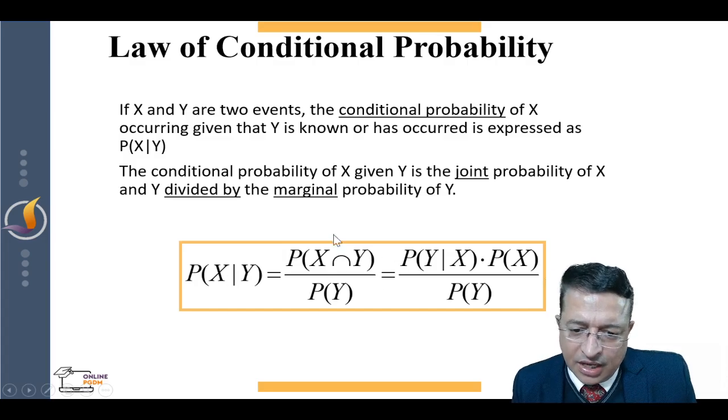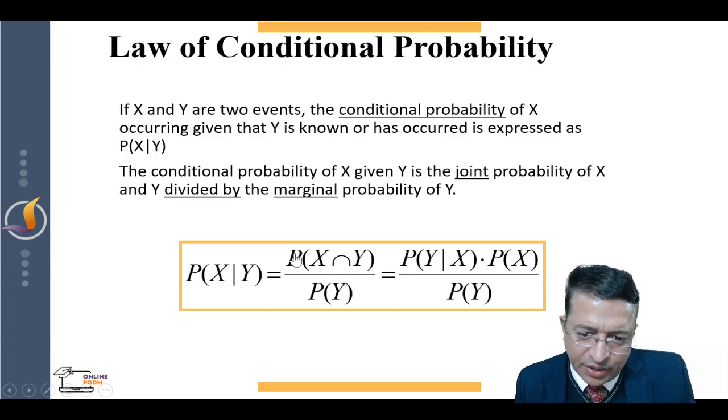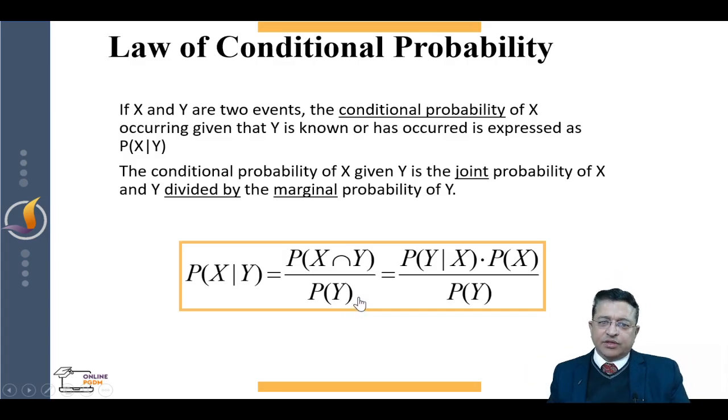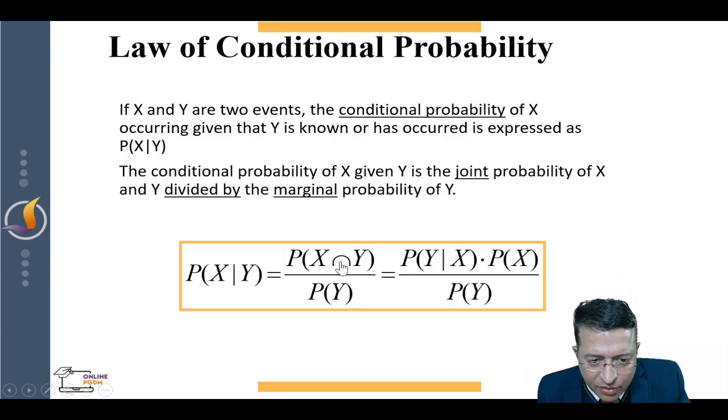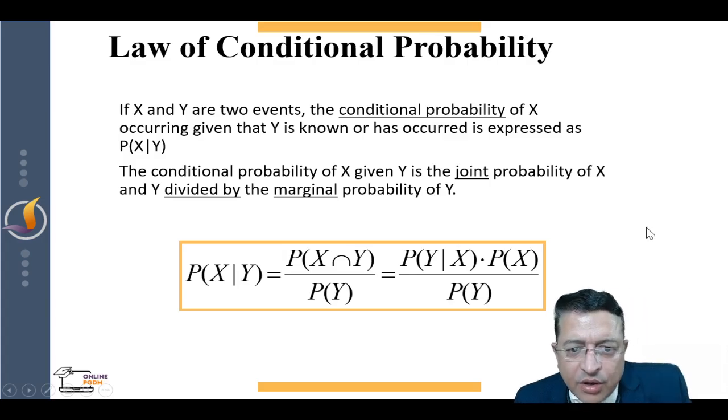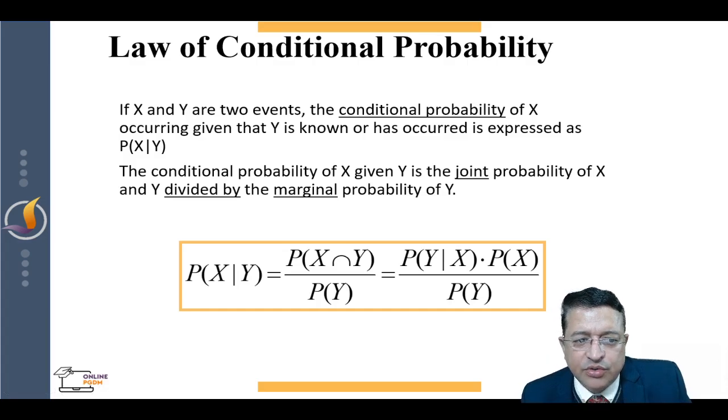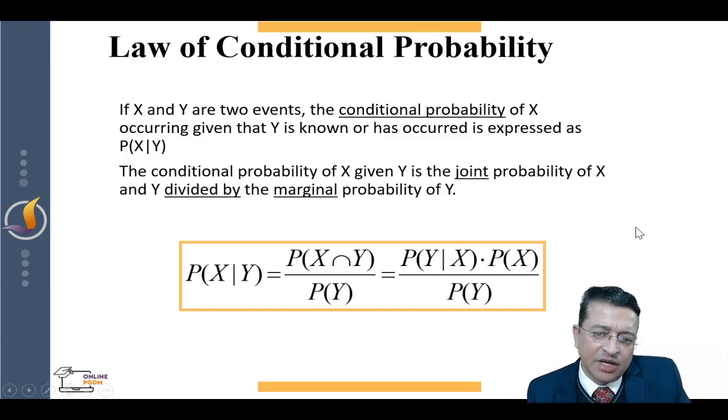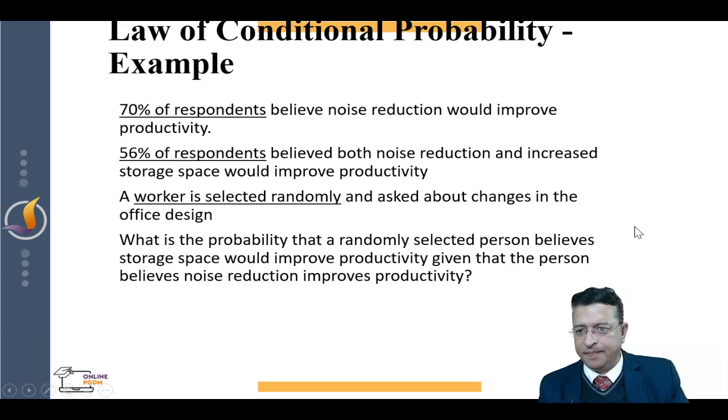You can calculate conditional probability if the joint probability and marginal probabilities are available. So if you change the sides, you will come to know what exactly is the meaning of this relationship.